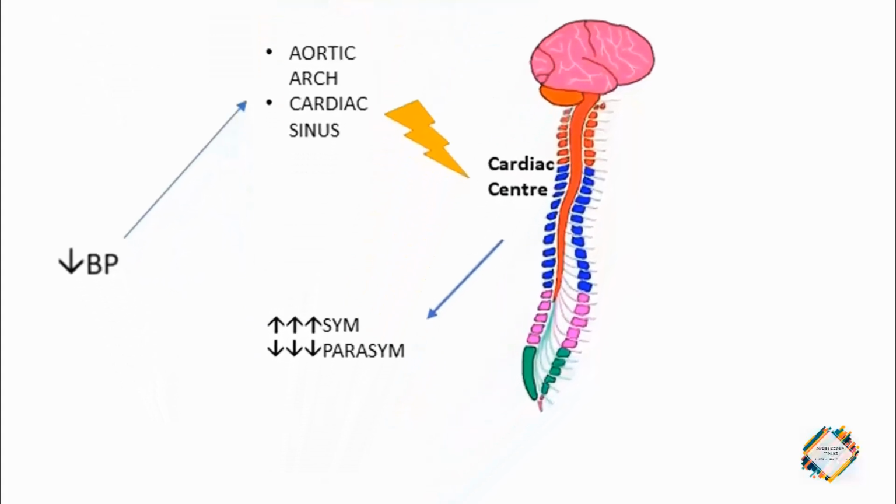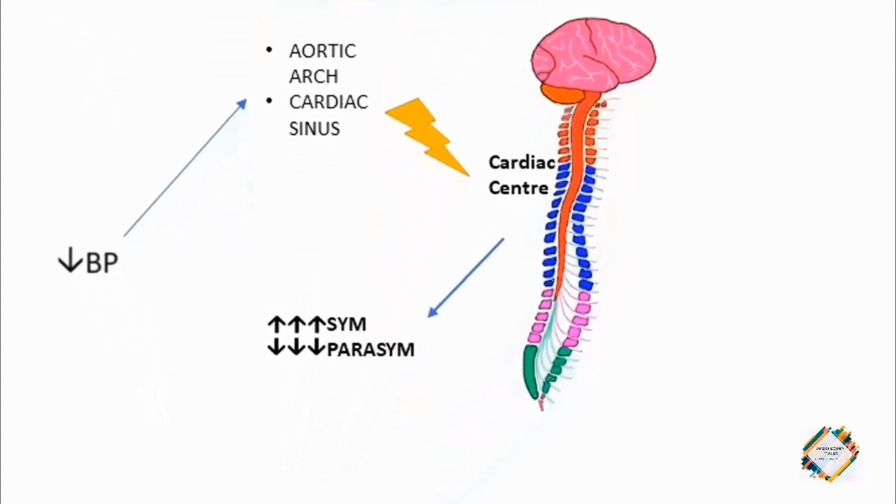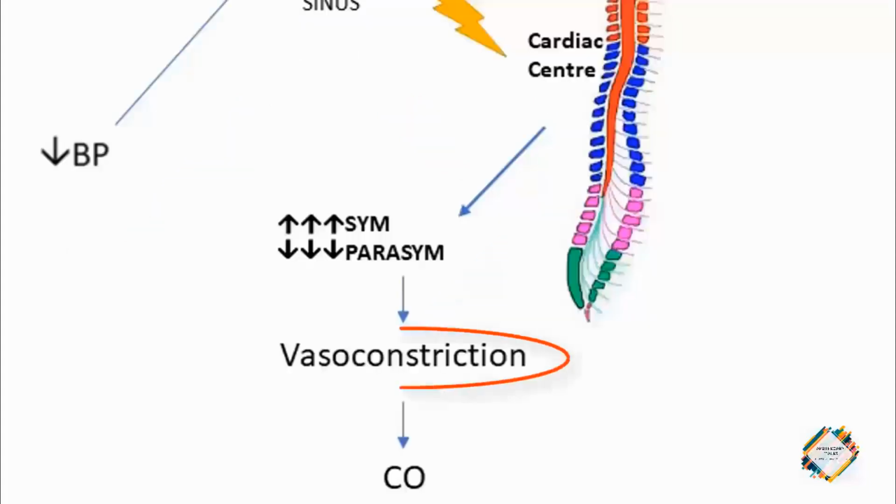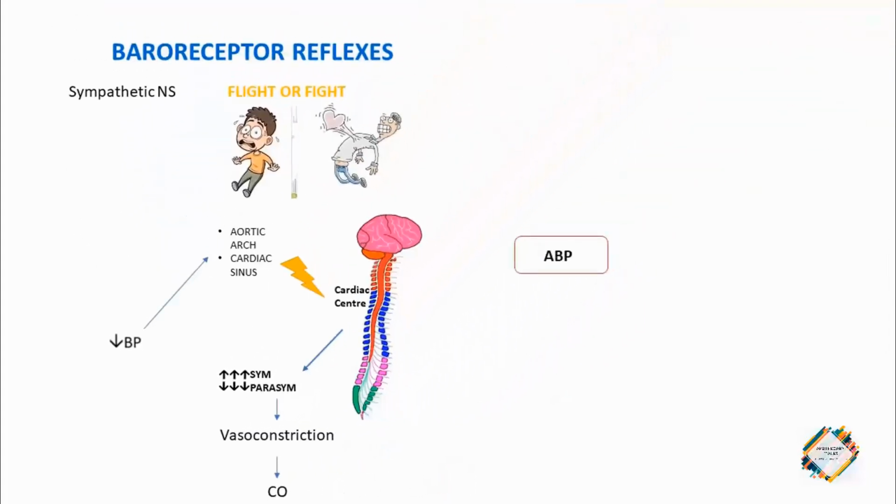So the sympathetic system gets increased and the parasympathetic output is decreased. Naturally, this will lead to vasoconstriction and increased cardiac output. These changes will further result in a compensatory rise in the blood pressure. We have already mentioned previously that the arterial blood pressure is directly proportional to the cardiac output and the peripheral vascular resistance. So what happens when the cardiac output increases? More pressure is being created.